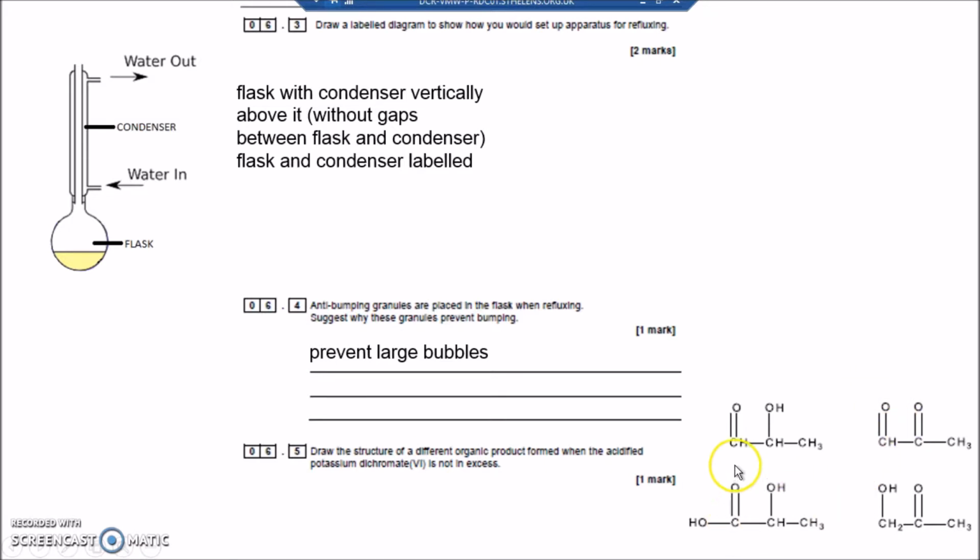You could also say this one's turned into an aldehyde and a carboxylic acid group, but this one hasn't turned into a ketone group, or you could keep this one as an OH and turn this into a ketone. So you can have any combination of aldehyde, carboxylic acid, or ketone, but not forming the full carboxylic acid and ketone groups.